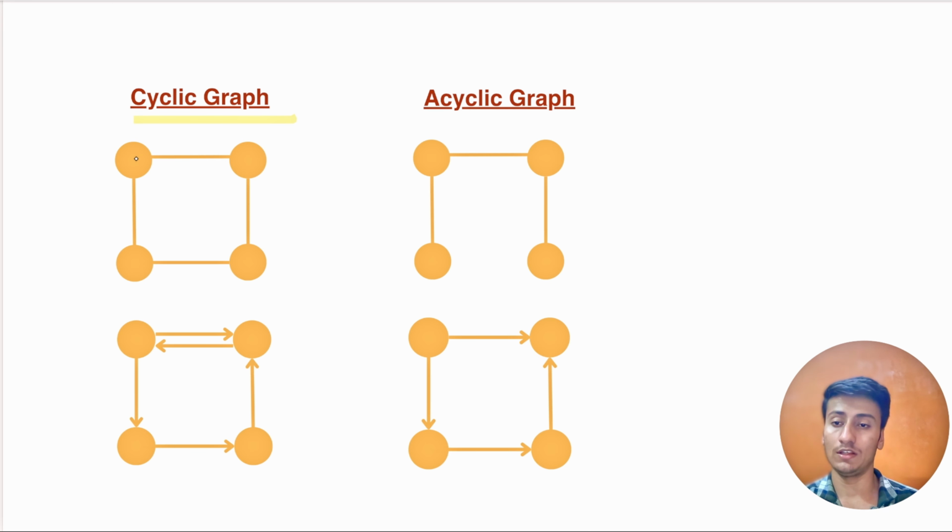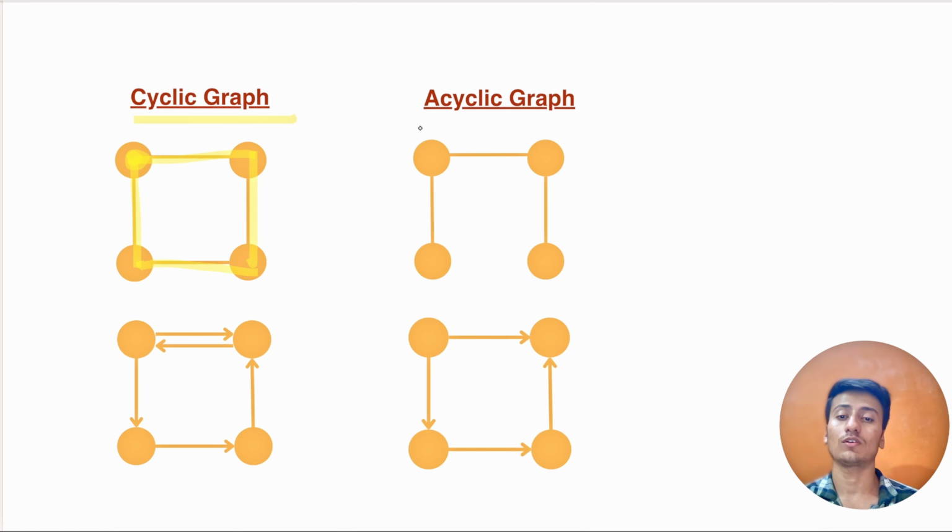For example, in this undirected graph, if I start from this node, I go to the second node, then I go to the third node, then I go to the fourth node. Now if I come back, I can again reach where I started. So this is a valid graph cycle. And therefore, if there is at least one valid graph cycle, I can say this is a cyclic graph.